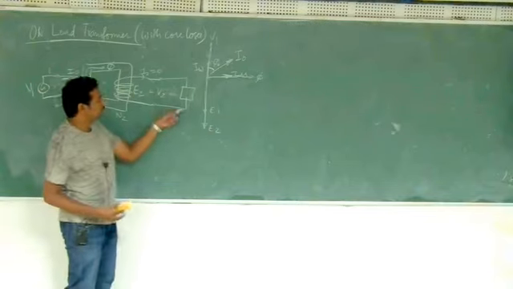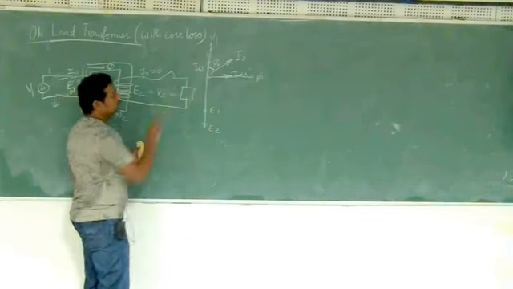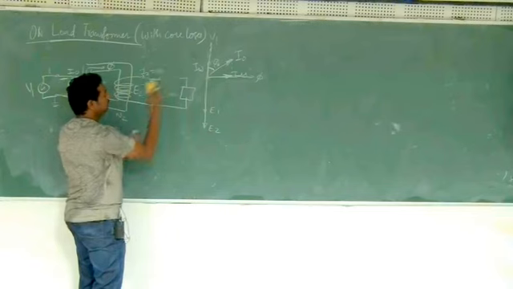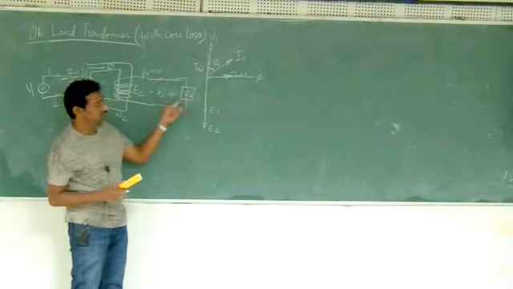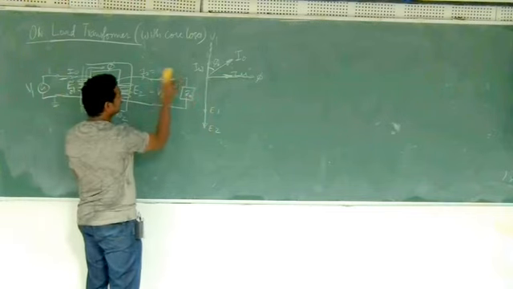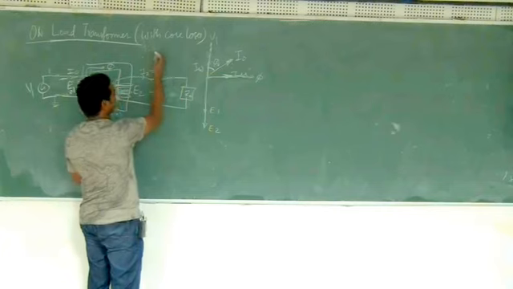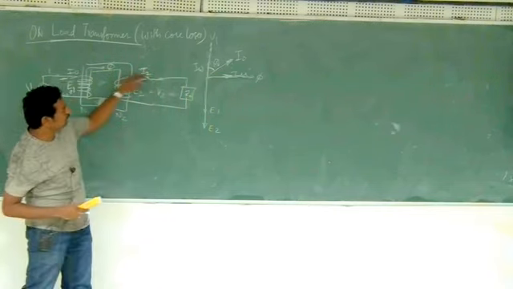Let me think there is a switch here, and I suddenly close that switch. Then voltage is there, some impedance is there. So V2 by Z2, some current will flow. Let's call that current I2. I2 is a current flowing like this.